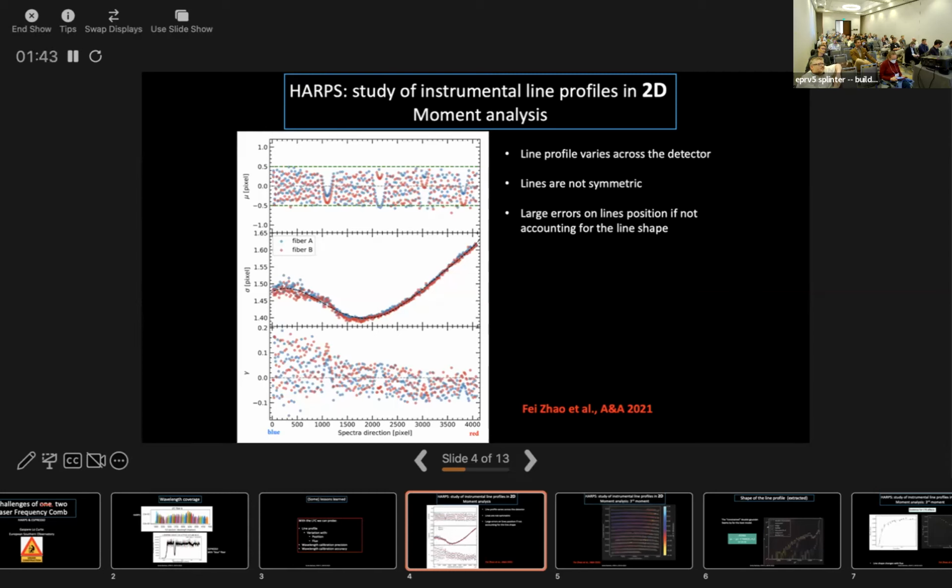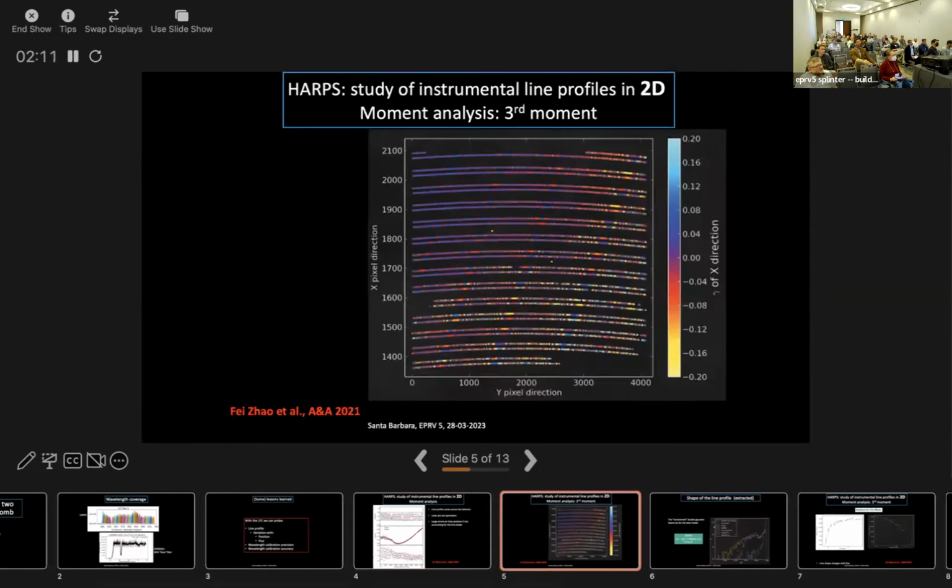What you see as a first moment is the difference between the peak of the line and the first moment, actually. And you see there is some interference pattern, more a pattern that you have typically when you try to superimpose two different grids. The second moment, so the width of the lines, changes. This is the line profile, purely the instrumental line profile, and they are asymmetric, and the asymmetry also changes as a function of position in the detector.